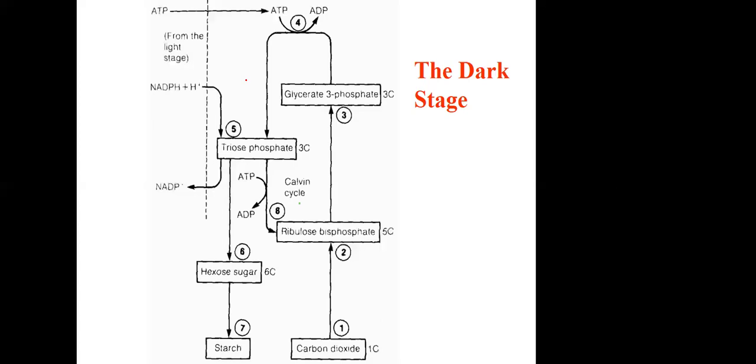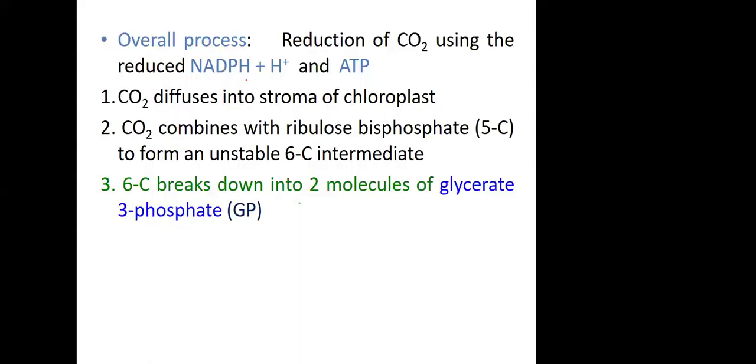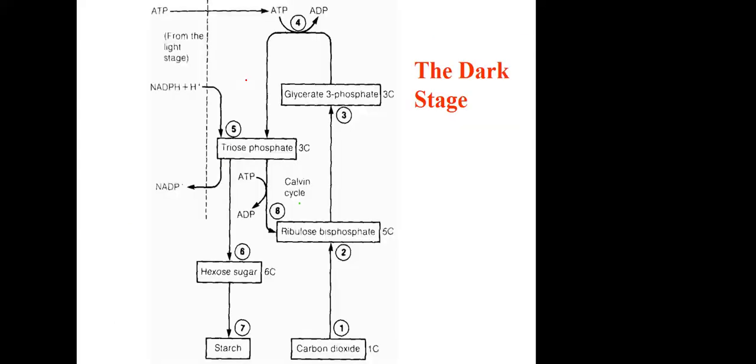In most books they don't show it, so I had to tell it to you so that you don't wonder how it comes about. Then the 6 carbon compound breaks down into 2 molecules of glycerate 3-phosphate, GP. Some books call it GAP, others call it GP, others call it PGA, but they mean the same.